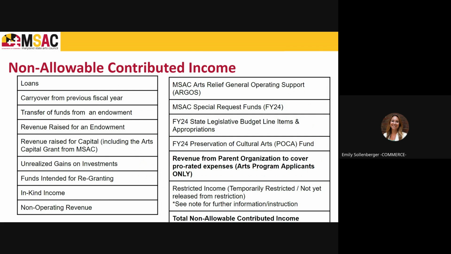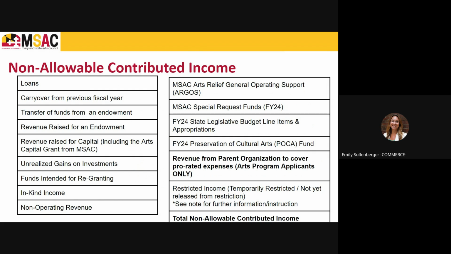This also includes the State Arts Council's new capital grant. So if you do receive capital funding from us, it is considered non-allowable. Additionally, a common one would be your in-kind goods and services are considered non-allowable, any other non-operating revenue.